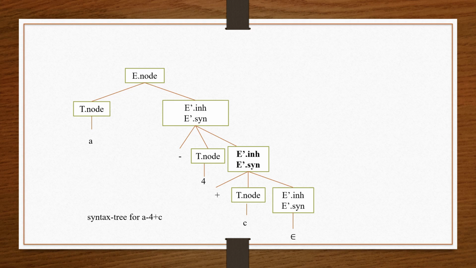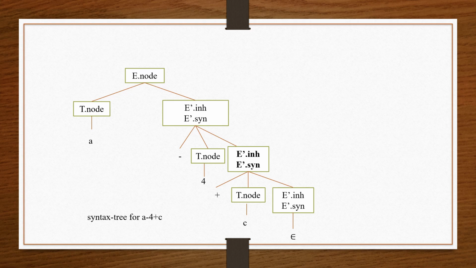Clear? According to the grammar rule, after that, E dash dot inh is copied down, that is, to E dash dot syn. Look at the last production rule, that is E dash derives epsilon. Look at the corresponding action, the same thing, right? E dash dot inh is copied to E dash dot synthesized.